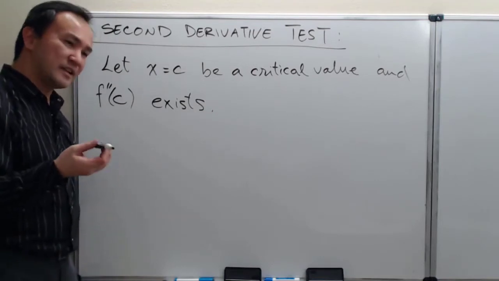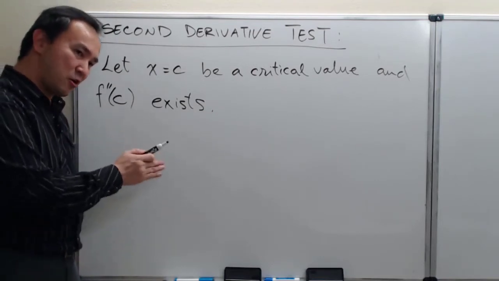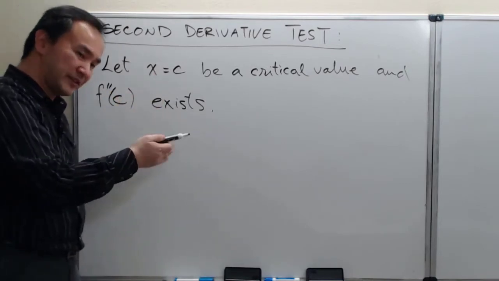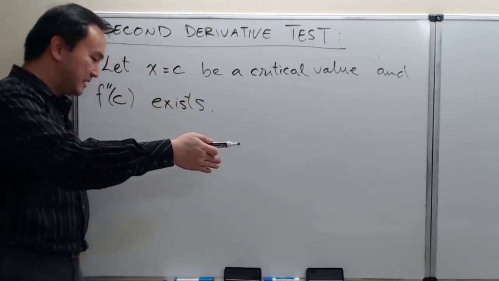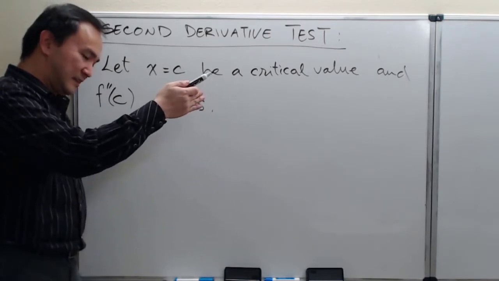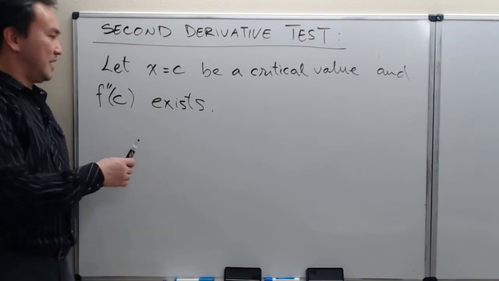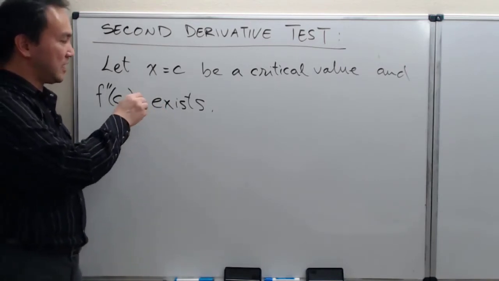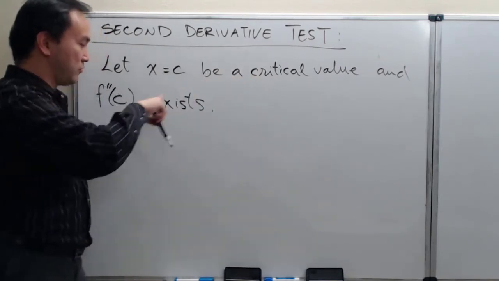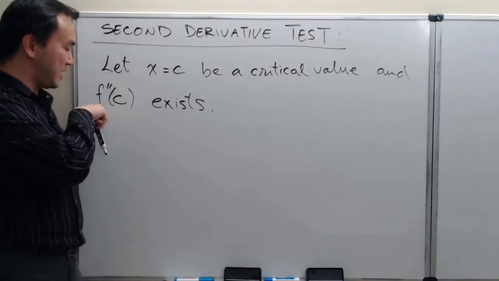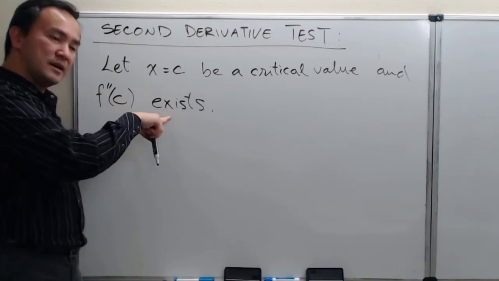There could be times the second derivative test fails, because we cannot have a second derivative; we may only get the first derivative at that point, but fail to find the second derivative at that same point. So it is critically important that at your critical value, we must also ensure that we can have a second derivative at that value. That's what I mean by f double prime at the critical value exists.